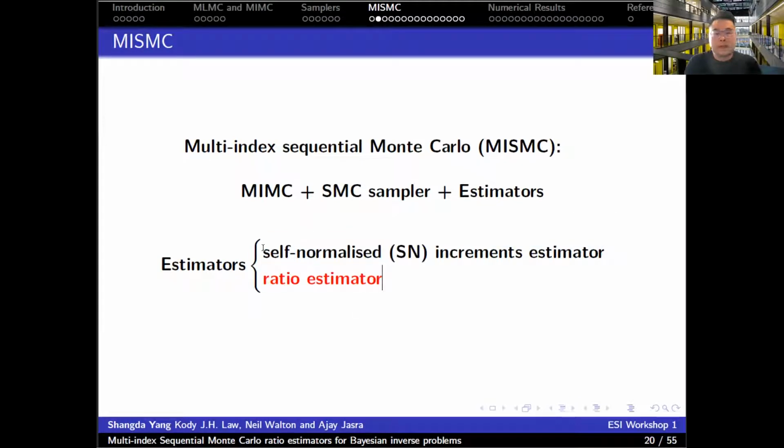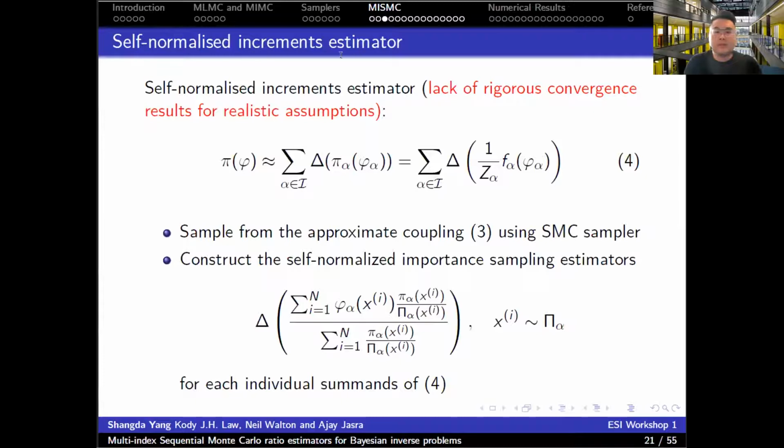Let me start from the self-normalized increment estimators. For these, we decompose the summation like this. We use the normalized targets as the difference of differences. For the self-normalized increment estimators, we lack convergence results under some realistic assumptions.